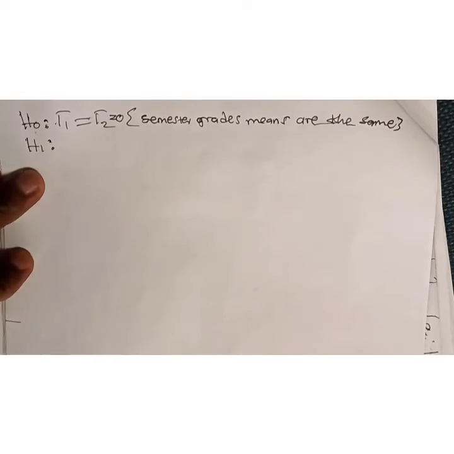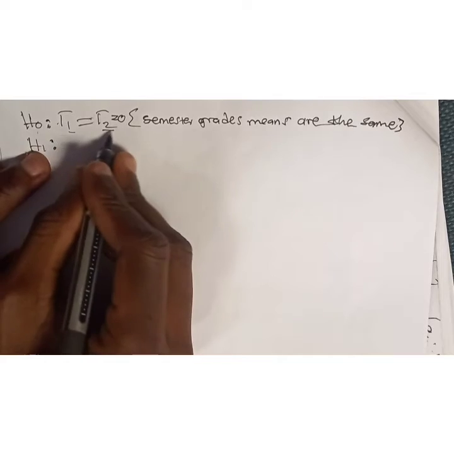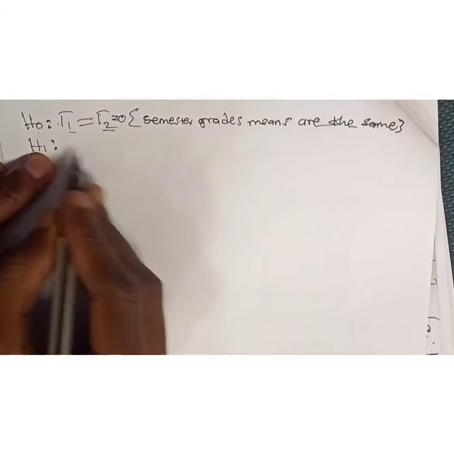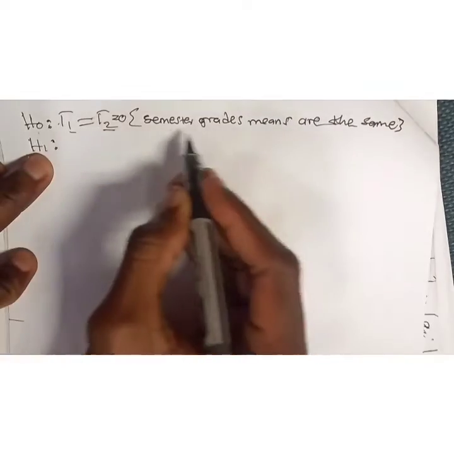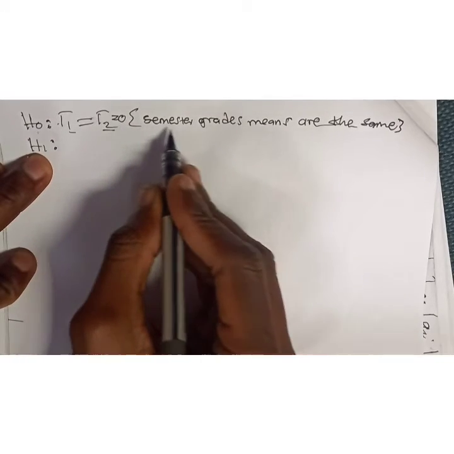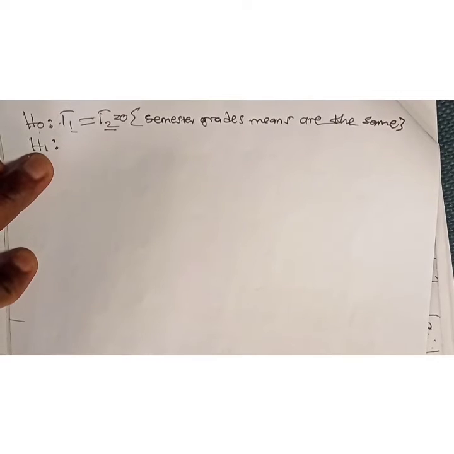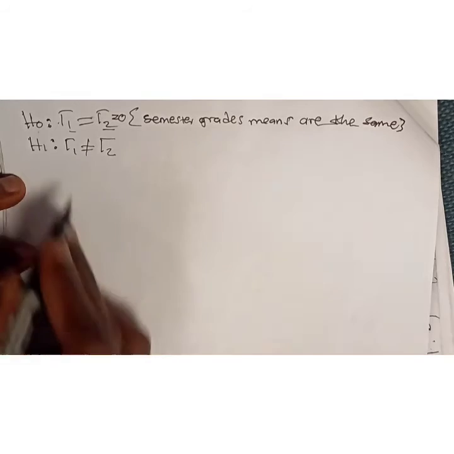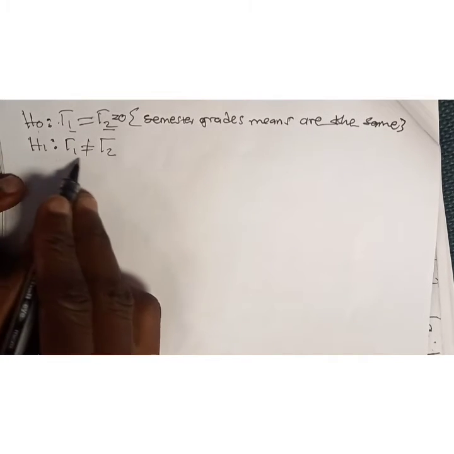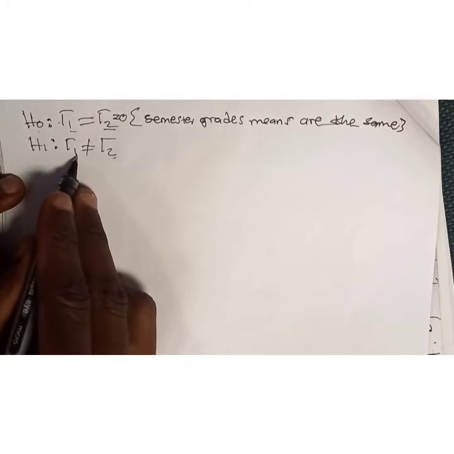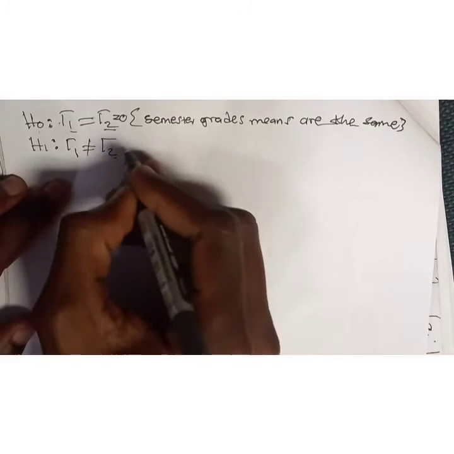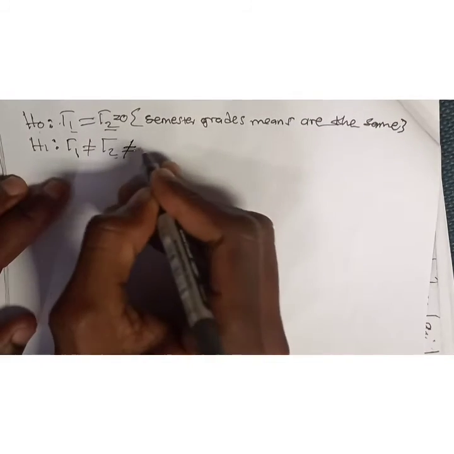So remember, the null hypothesis is tau 1 equals tau 2 all equals 0. The effect of the treatment all equals 0, meaning that the semester grades means are the same. And the alternative: since there are only two, we are allowed to write that tau 1 is not equal to tau 2 and is not equal to 0.